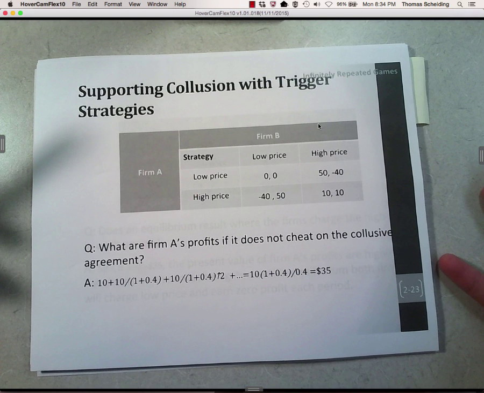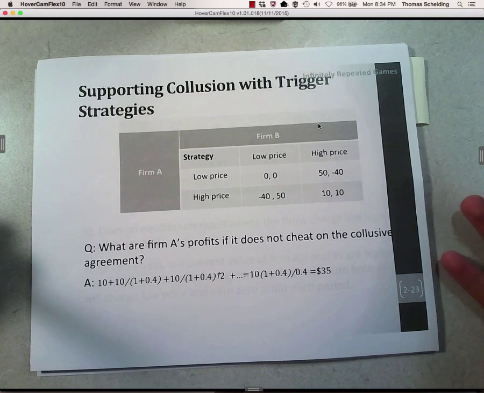We could try to solve this in a fashion where I take into account the future values of the profits. And I could say, what does that difference mean to me in terms of future profits earned?